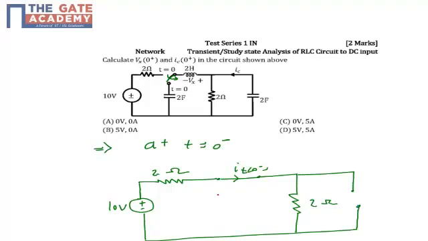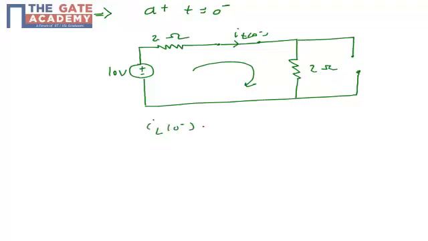So we have our effective loop in which we have 2 ohm resistors and a 10 volt battery, and my IL(0 minus) will be equal to 10 upon 4, which is 2.5 ampere. 2.5 ampere current will be flowing here and the voltage across this 2 ohm resistor will be 2.5 into 2, which is 5 volt.